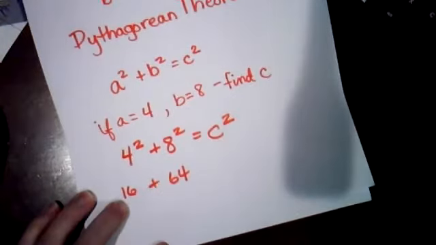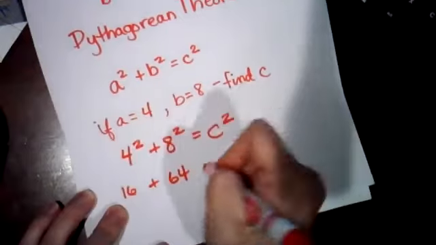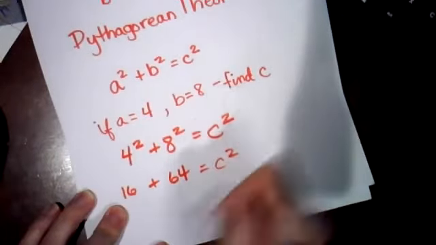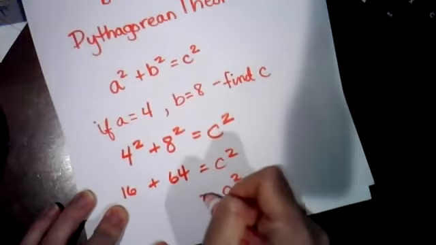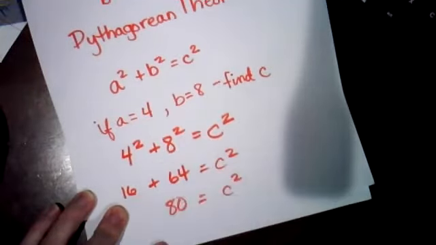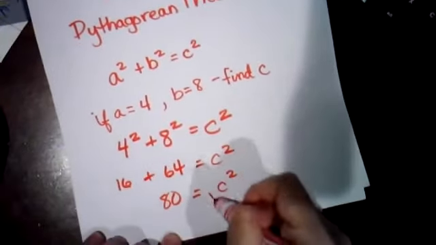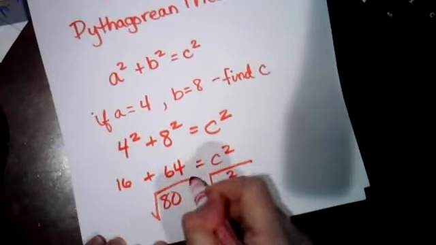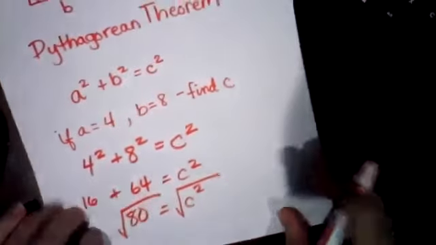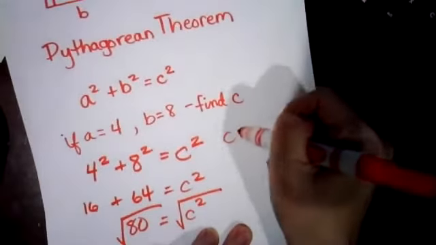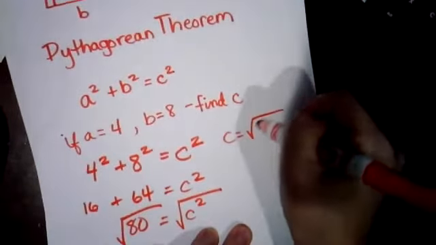All right, and so then you would add that together and you would get c squared is equal to 80. And in order to get rid of this square, we want to square root it and square root it. Okay, so I'm going to bring it over here and write c is equal to the square root of 80.